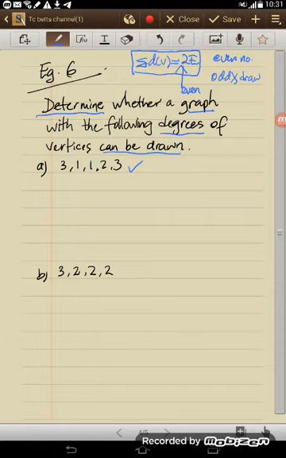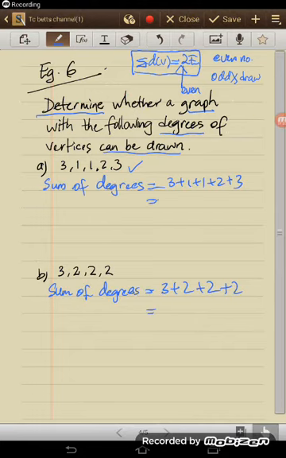You just total up the edges. Yeah, the degrees. You total up the degrees. Okay, the sum of degree I've written for you. So when you total up here, what you'll get? You'll get 10.